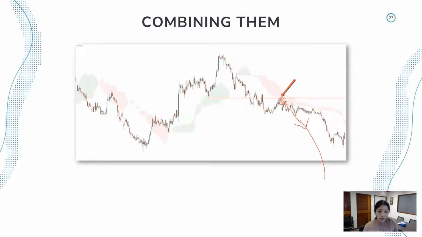So in the future, as you learn, we have different techniques. There's the Ichimoku cloud indicator. There's RSI. There's MACD. There's also stochastic. All these techniques you will learn in the future. You can also use trend lines. If you know channels, you can also use channels.